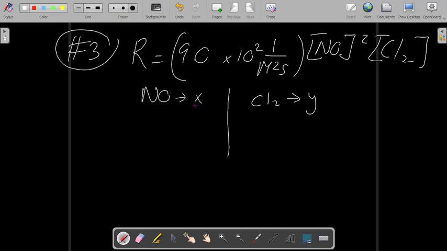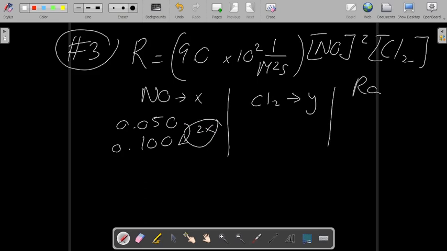There is a change in concentration between trial 1 and 2 for nitrogen monoxide. How? It goes from 0.050 to 0.100. This has doubled. Okay. So what happened to the reaction rate between trial 1 and 2? We need to check the rates and see how that has changed.